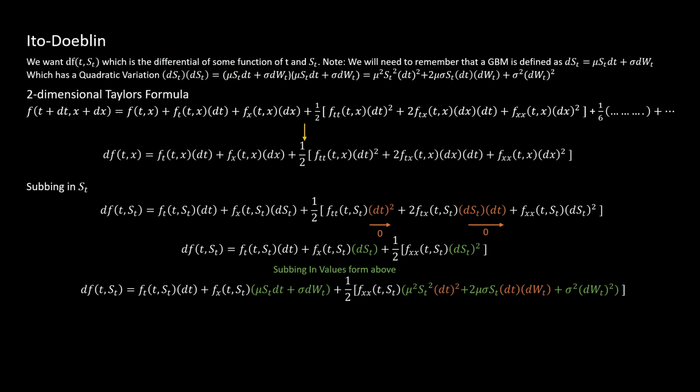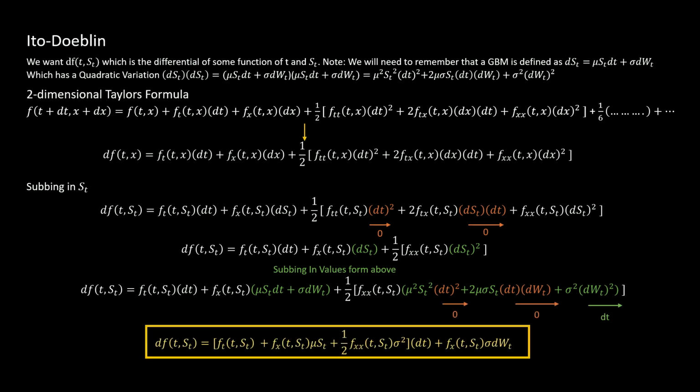And finally, with a few simplifications, we get the following. This is the differential of a function of two variables, one normal variable and one geometric Brownian motion variable. This is really important in the Black-Scholes formula.